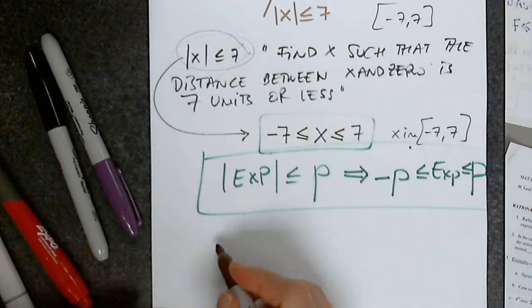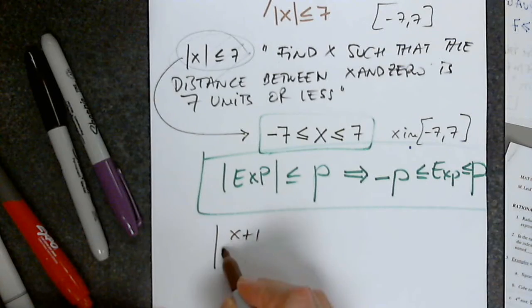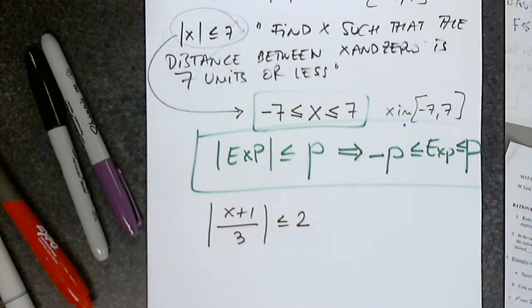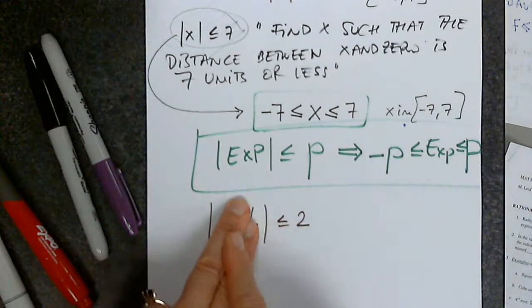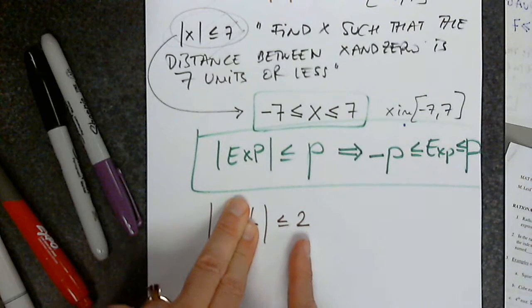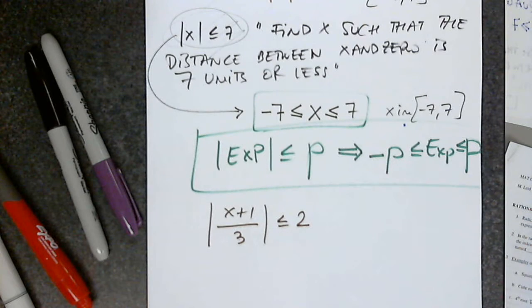So let's say I have the absolute value of x plus 1 divided by 3 less than or equal to 2. Again, I'm asked to find these numbers whose distance from 0 is 2 units or less. Where will I find 2 units or less?